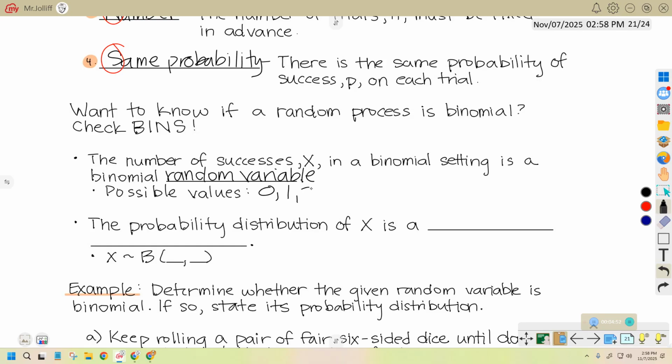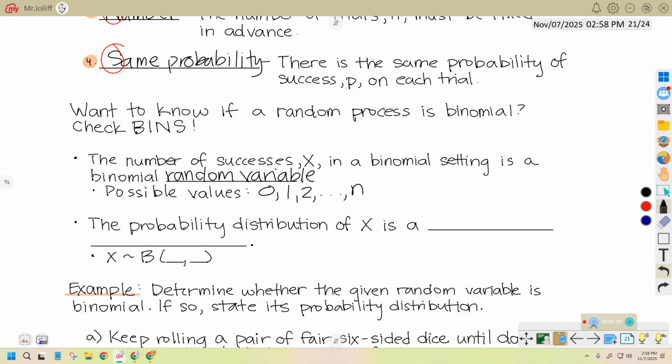So this counting keeps going all the way up until I reach the number of trials that I'm doing. If I'm flipping the coin 3 times, it goes all the way up to 3. If I'm flipping the coin 10 times, it's going to go all the way up to 10. And it always starts at 0. It is possible I get no successes out of those number of trials. So 0 all the way up to n.